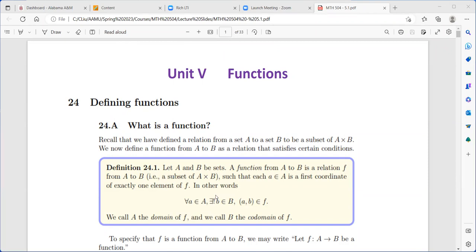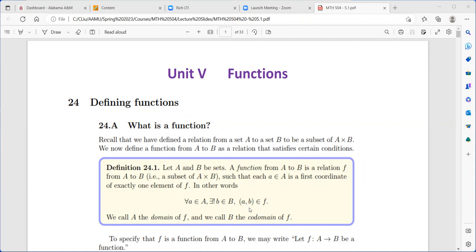So there exists a unique element b in the set B such that this ordered pair (a, b) belongs to the function f.